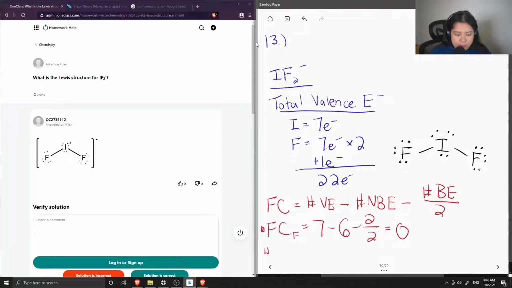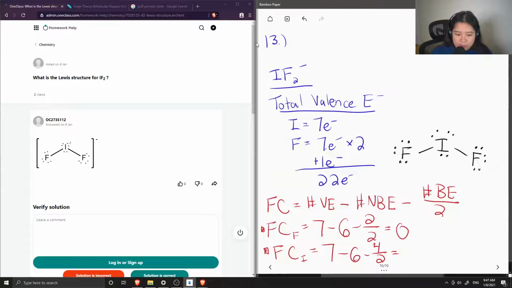Now let's do the same thing for our iodine. Iodine has 7 valence electrons. The number of non-bonding electrons is 1, 2, 3, 4, 5, 6. And this time, since there are 2 bonds, there are 4 bonding electrons in total, divided by 2.